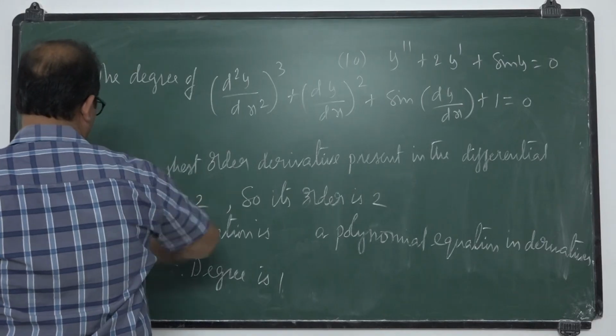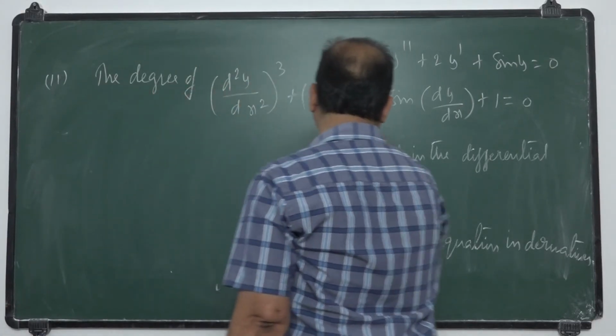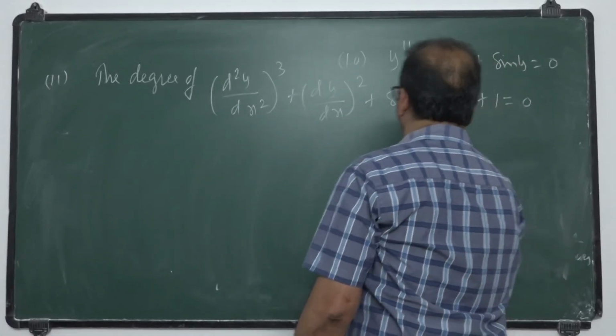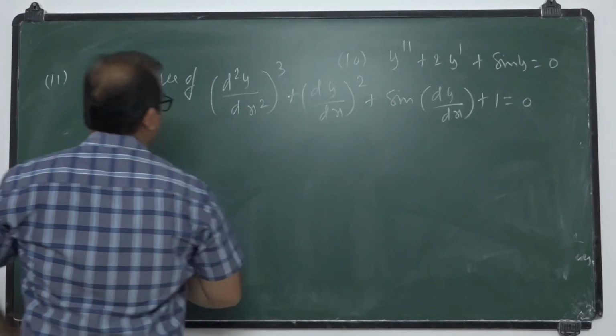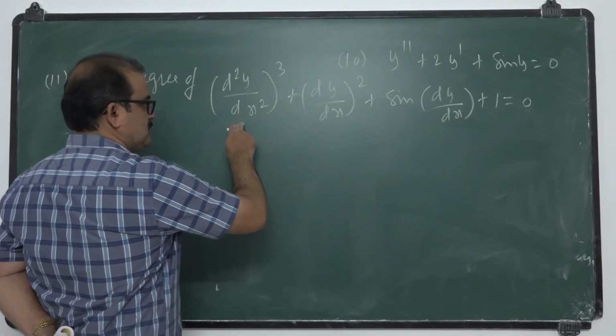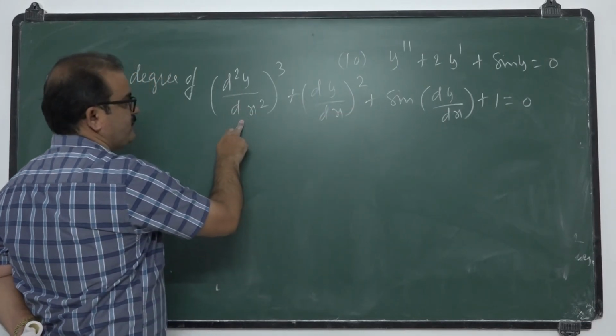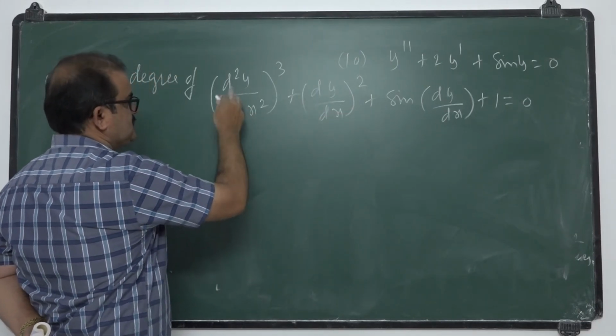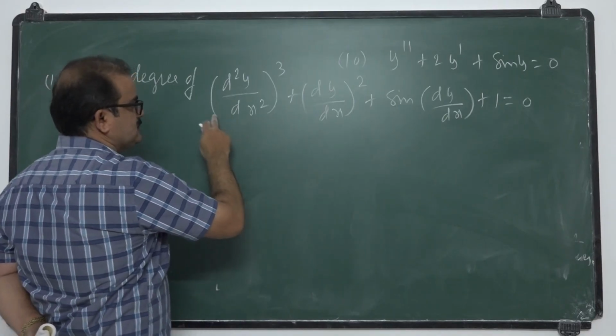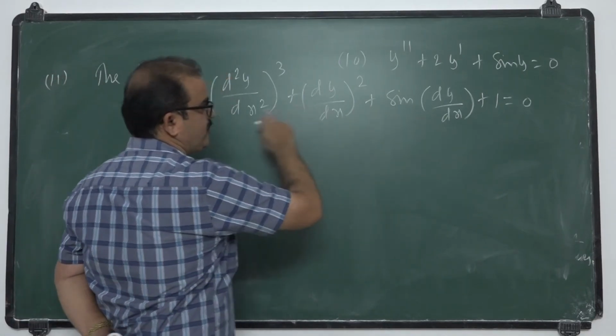We find only the degree. See, what is the highest derivative here? Second order. So order is 2. Degree: see here, it is not a polynomial equation.